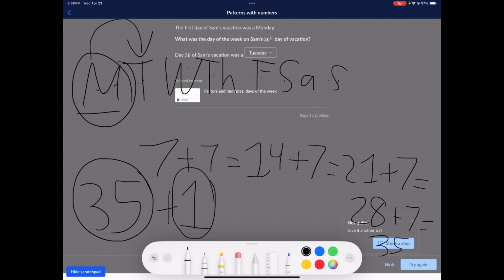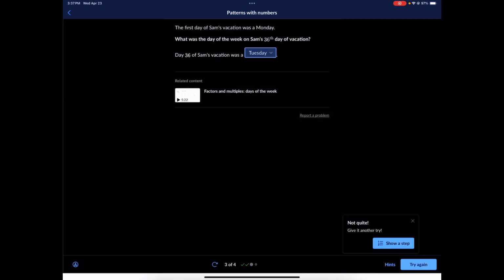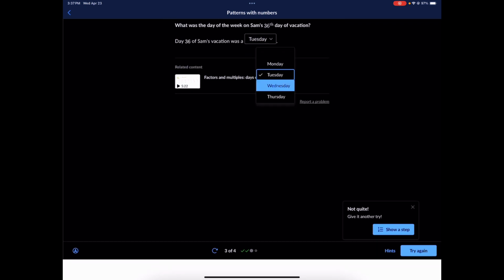So it's 8, 15, 23, 31, and we'll stop right there. We need to find a number that will add up to 36. It is 5. So we need to do 5 days after Monday. 1, 2, 3, 4, 5. So Saturday will be our best answer here.